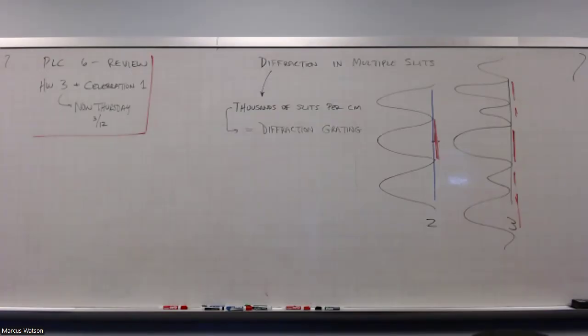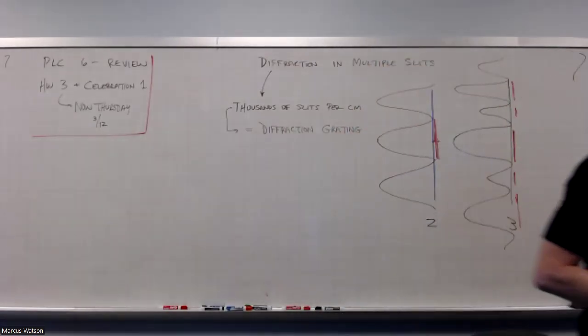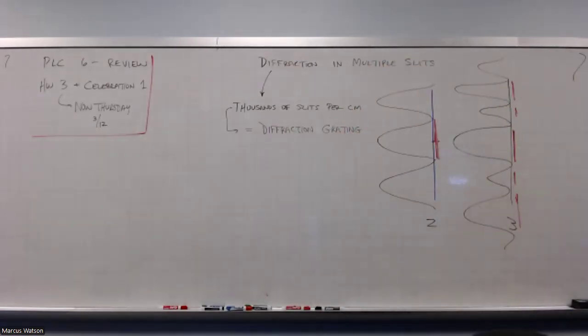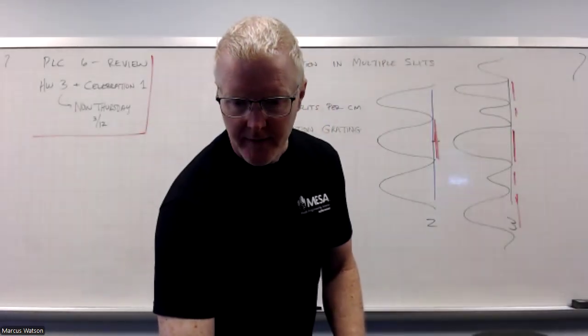There are a lot of really fun patterns that can emerge when you look at this. Let's see. All right, I didn't bring in a standard grating, so let me go find a standard grating here for a second, and I will show you that.